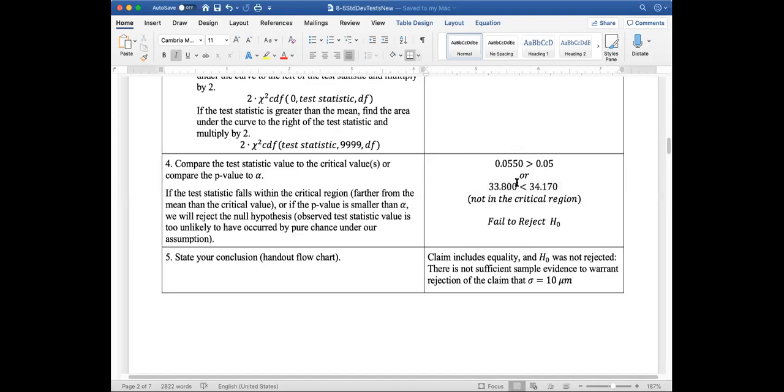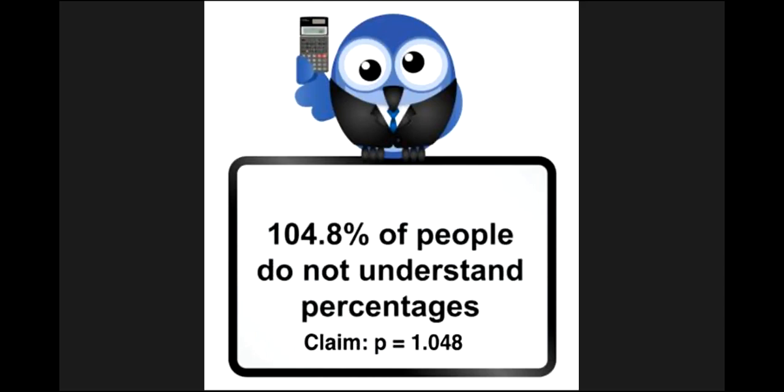And the test statistic was closer to the mean, less than the critical value on the right, therefore not in the critical region, which would also cause us to fail to reject. And then we go to the flowchart handout, and we use that to determine what our statement of conclusion is. And let's just take a peek at what we would get here. Remember, this is a two-tailed test because H0 said sigma was equal to 10. So let's go find that.